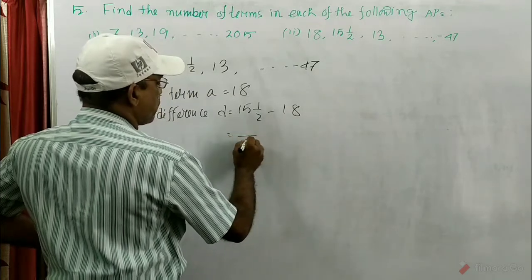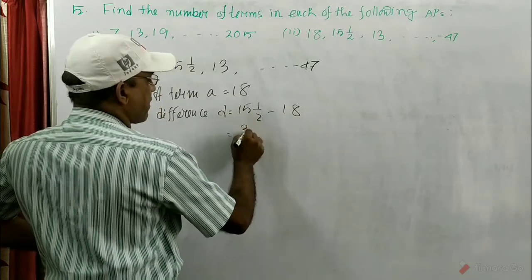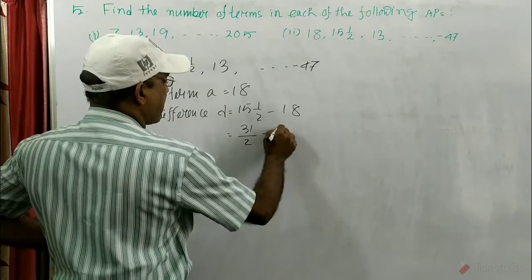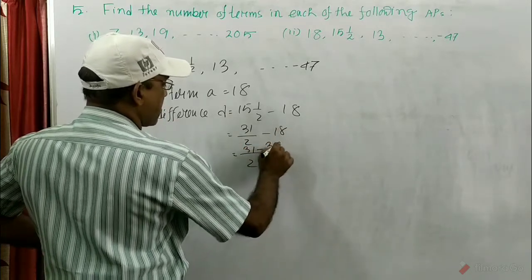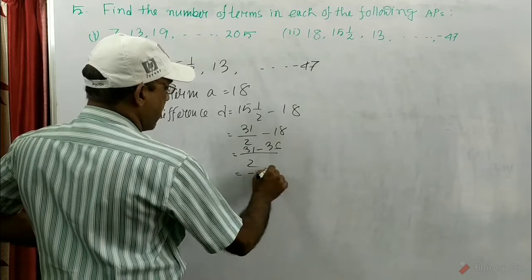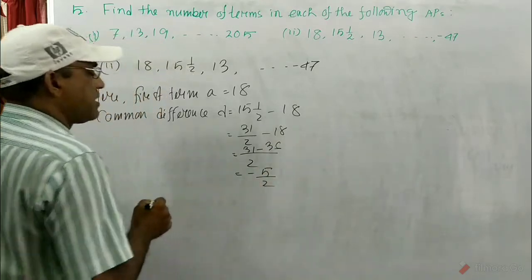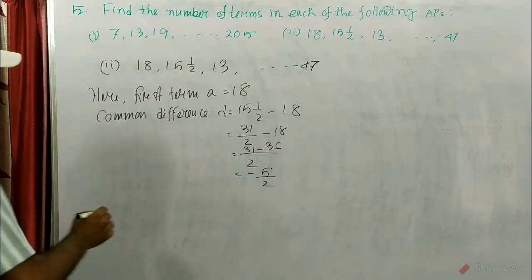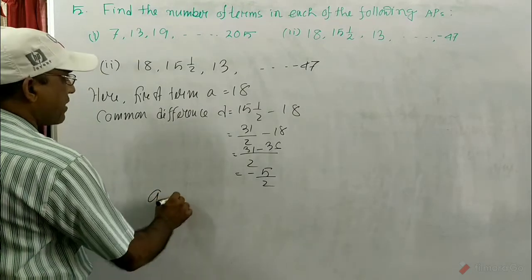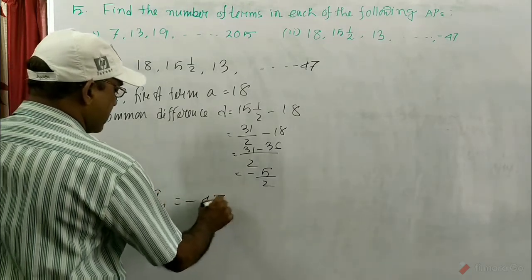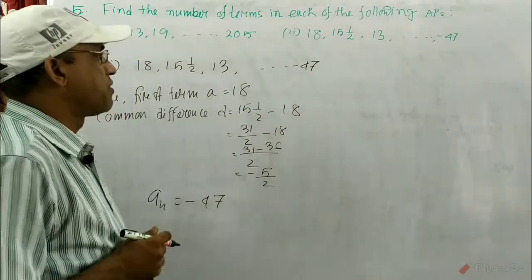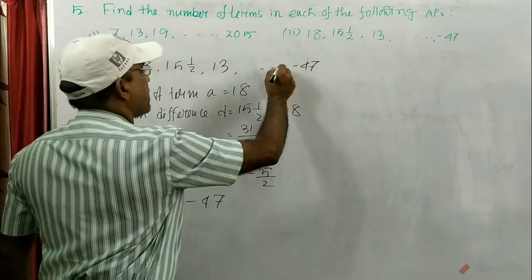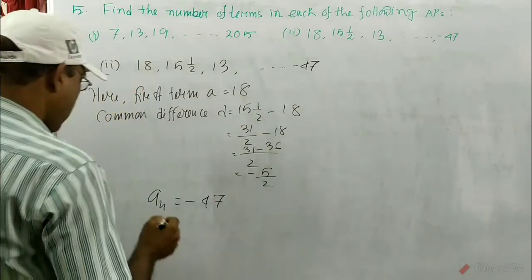This is 31 by 2 minus 18, which is (31 minus 36) by 2. This is minus 5 by 2. This is the value of d, and an given is minus 47. So the last term given is minus 47, this is our an.